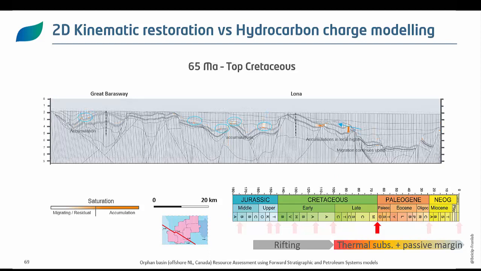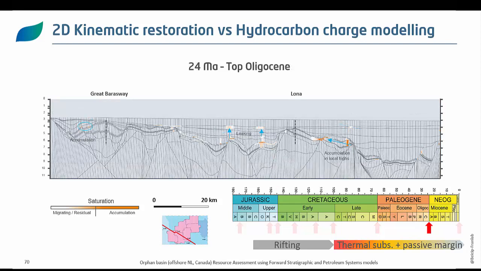We're now at top Cretaceous. Accumulations are concentrating throughout the section in the highs and most of the time against faults. It is very complicated to charge Lona, although it is on top of a nice structural high here on the 2D section. It is probably due to long distance migration from the mature area up to the apex of the 2D section. I'll come back to that fact a little bit later.